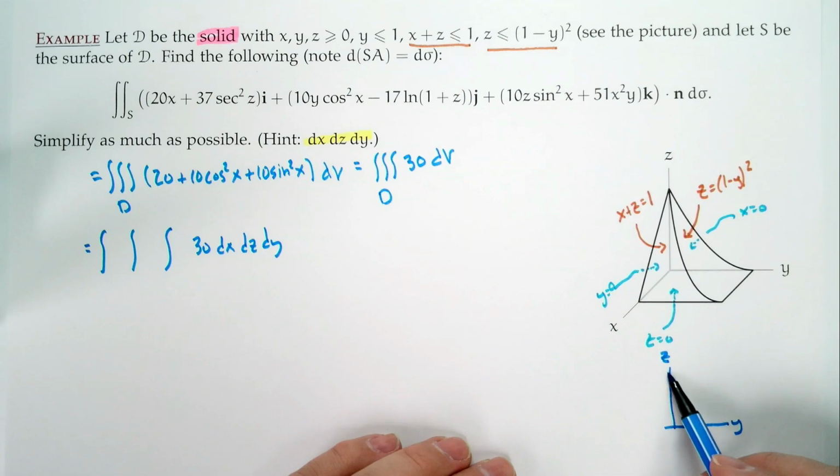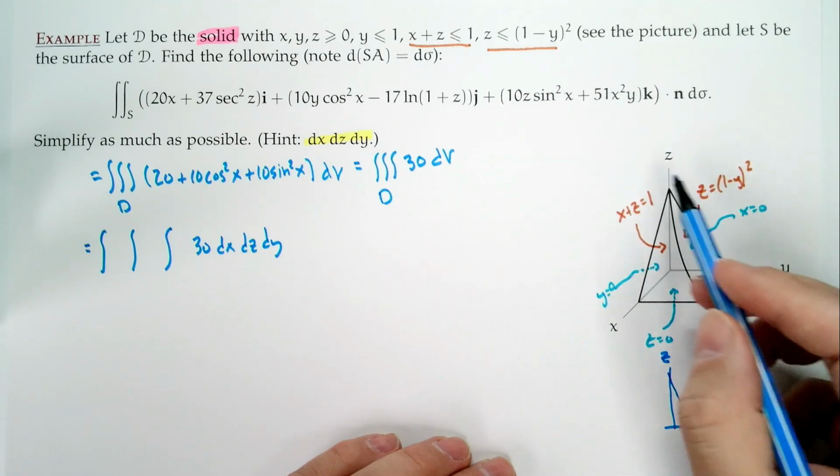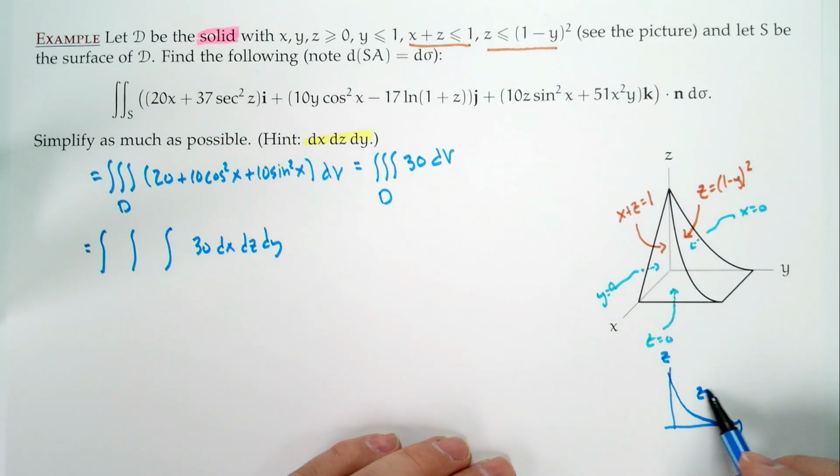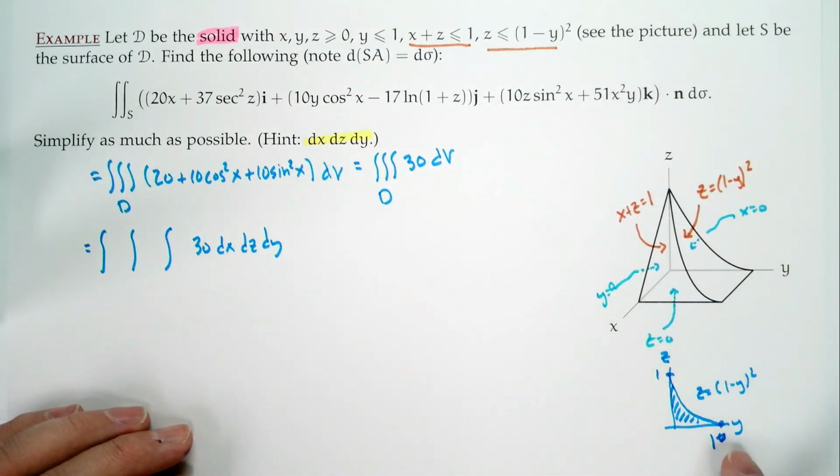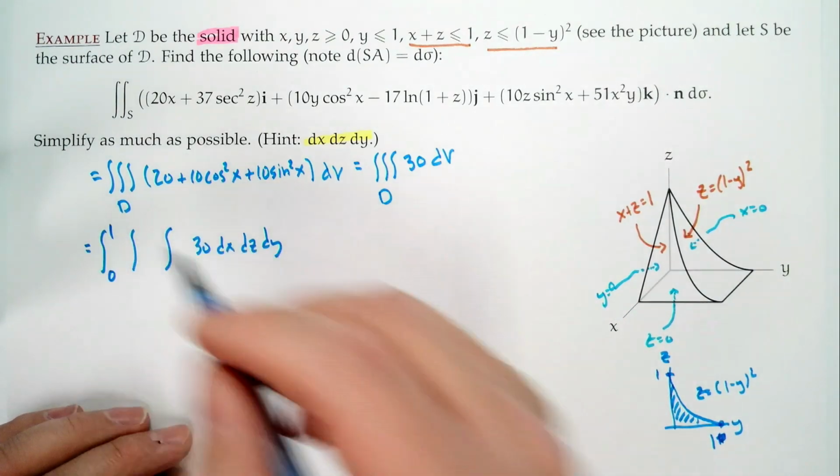In particular, what you really see is that curve there, z equals 1 minus y squared. So there's 1 over here. Actually it hits that 1 here. Okay, where does y go from? 0 to 1.